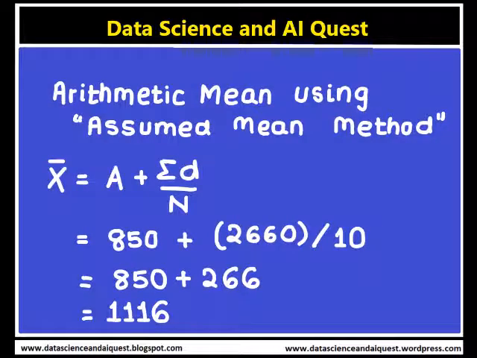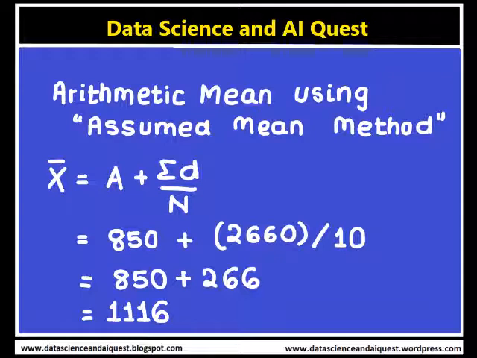So the arithmetic mean using the assumed mean method can be computed as x bar equals a, the assumed mean, plus the summation of d, the deviations, over capital N, the number of total observations.